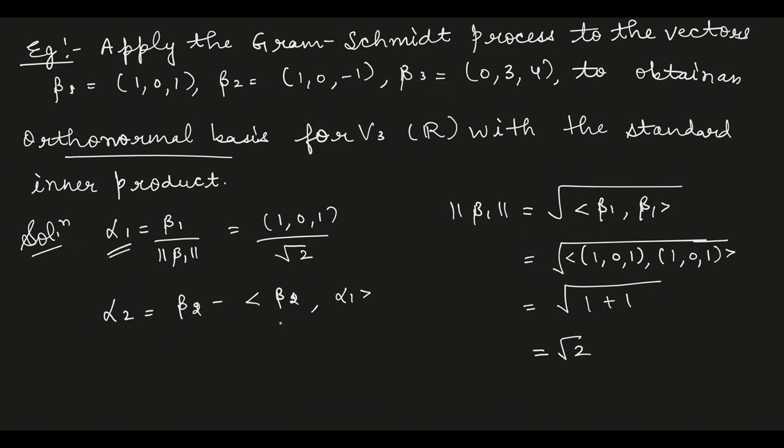This alpha 1 divided by norm of alpha 1 into alpha 1. So beta 2 is 10 minus 1, minus inner product of beta 2 with alpha 1.